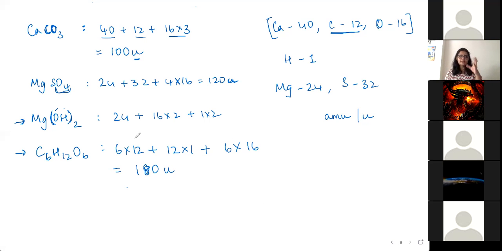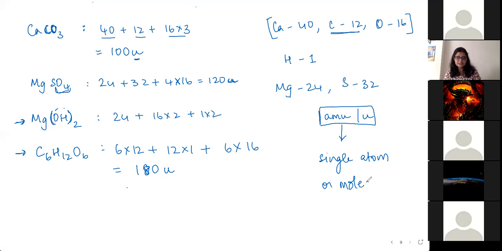Now, when we talk about atomic mass and molecular mass, you use the unit AMU when it is a single atom or a molecule. When we are dealing with the mass of a single atom or single molecule, we measure it in terms of AMU. But in reality, if I'm holding diamond, do you know what diamond is made of?